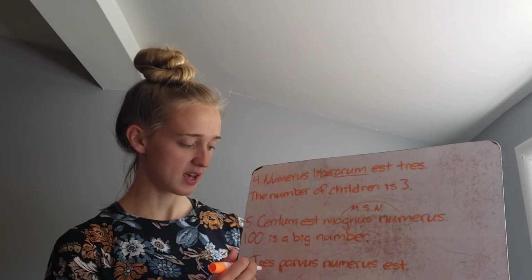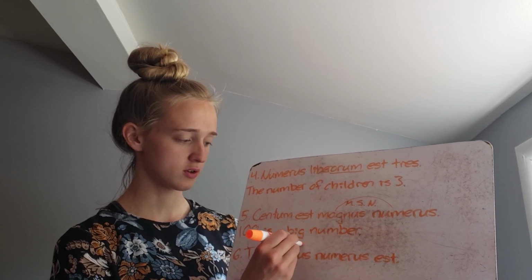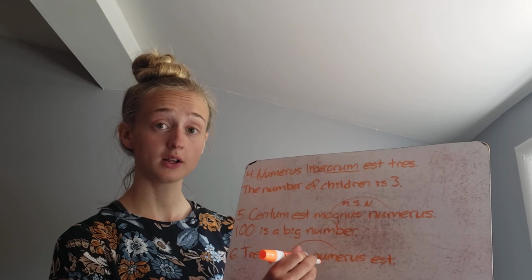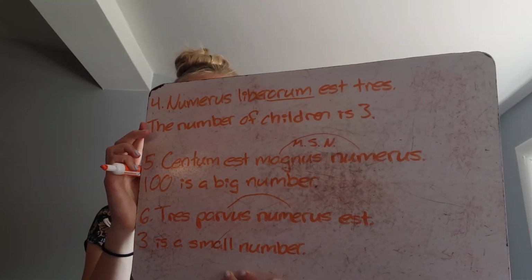We have 3, est is, parvus numerus, a small number. 3 is a small number. And we remember parvus means small. Magnus is big, parvus is small. 100 is a big number, 3 is a small number.